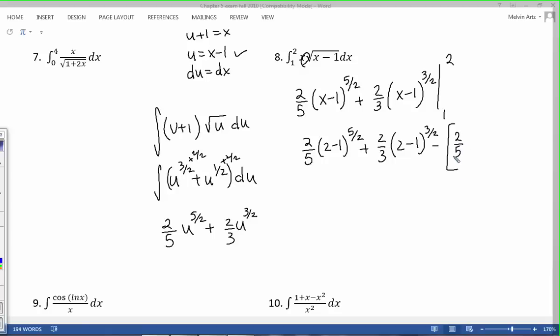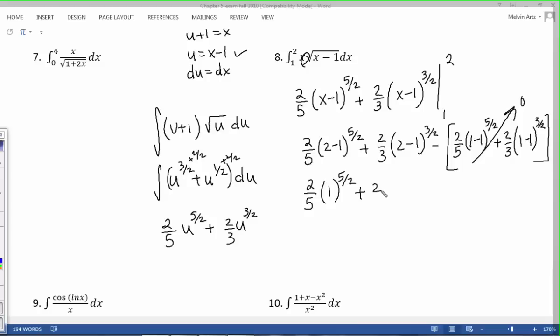So we'd have 2/5. Now here we'd get 1 minus 1, which is 0, so that goes to 0. And plus 2/3, and again this quantity goes to 0. So this whole piece goes to 0. So we're left with 2/5 times 1 to the 5/2 plus 2/3, 1 to the 3/2.